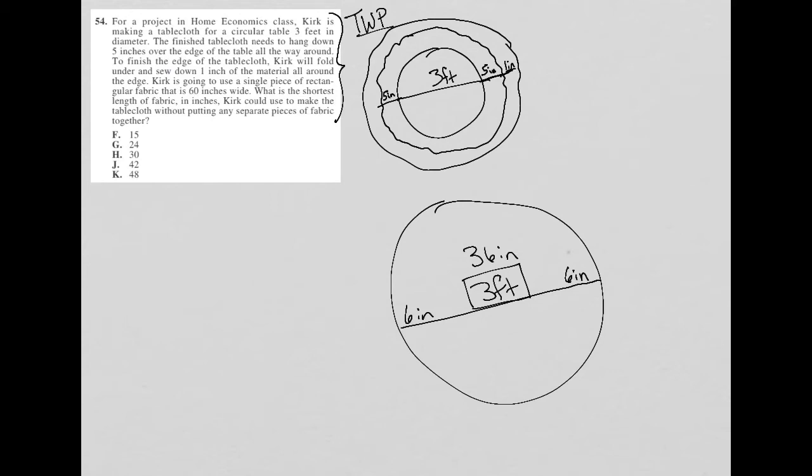And then 36 inches plus 6 plus 6. So basically 36 plus 12 means that my diameter in inches is actually 48 inches.